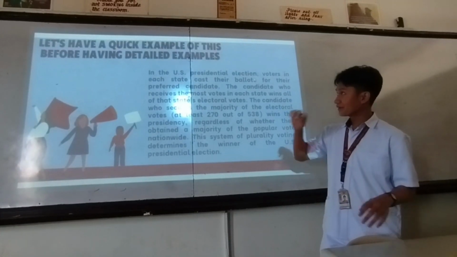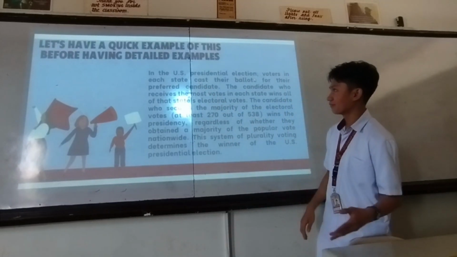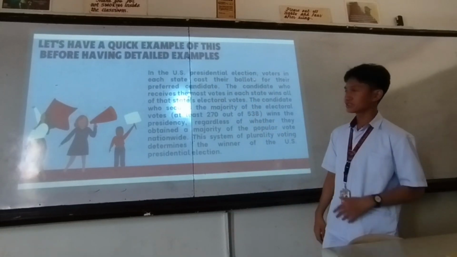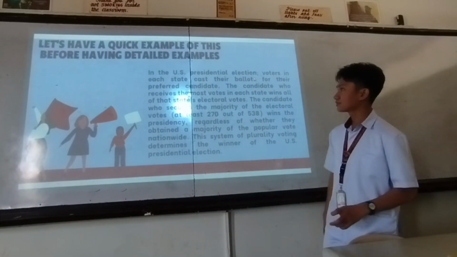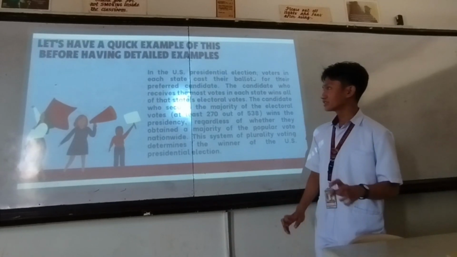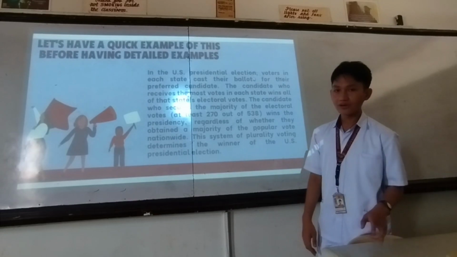Now, let's have a quick example of this before having a much more detailed example. In the U.S. presidential election, voters in each state cast their ballots for their preferred candidate. The candidate who receives the most votes in each state wins all the state's electoral votes.